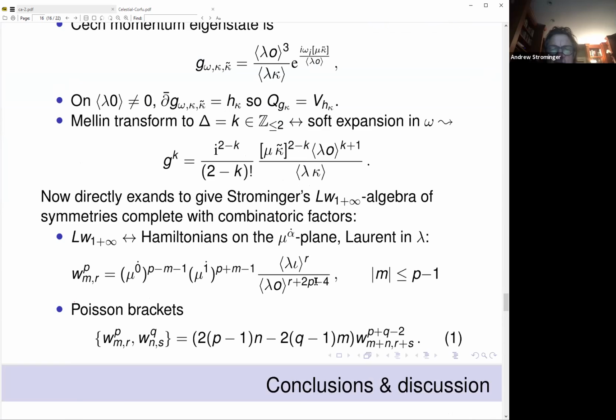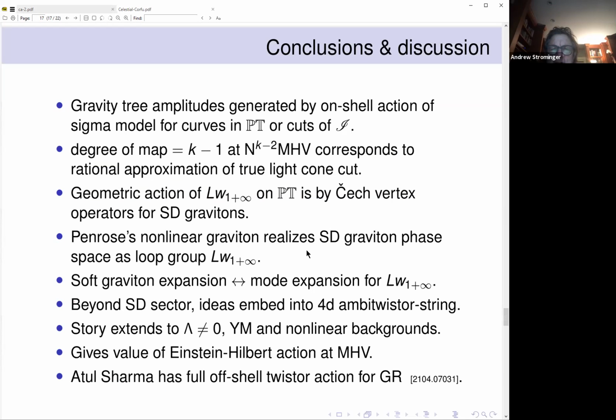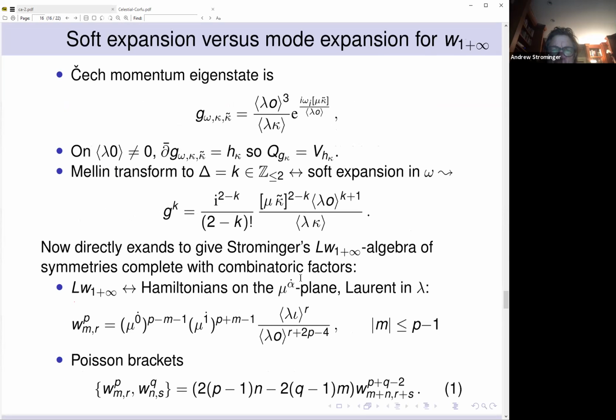While you're on this slide, could you tell us exactly what your VHK depends on? On the second bullet, you have a VHK, a graviton vertex operator. Oh yeah, right, the graviton vertex operator.